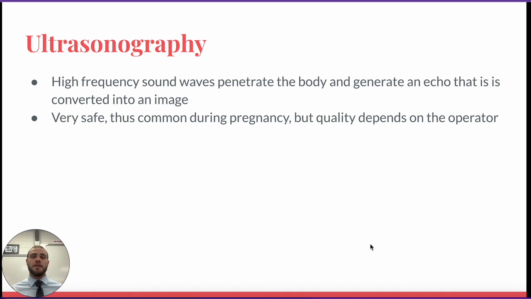So you need a very skilled operator to get something that is useful to look at. Another thing with ultrasounds is that sound waves travel best through soft tissue, and so they struggle and usually cannot penetrate anything that is bone or anything that is gas, because those sound waves just can't travel through them.